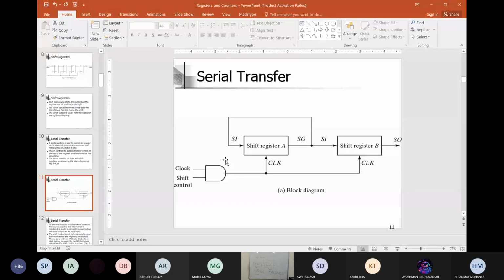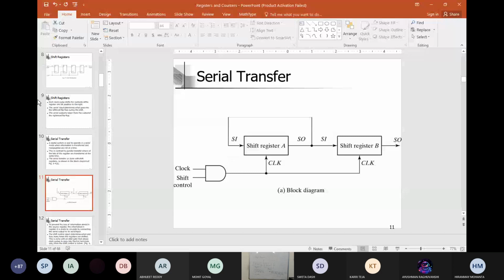My final destinations are 2: serial output at register A and serial output at register B. But if you see, the serial output at register A is fed back. Yes or not? Yes, ma'am. This is called a serial transfer from one side to another.